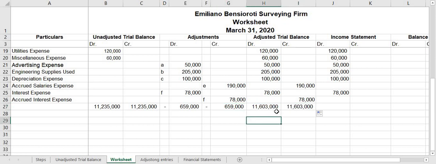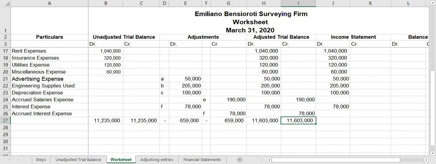The debit portion of our adjusted trial balance is 11,603,000, and the credit balance of our adjusted trial balance is also 11,603,000. Now let's go back to step 5.